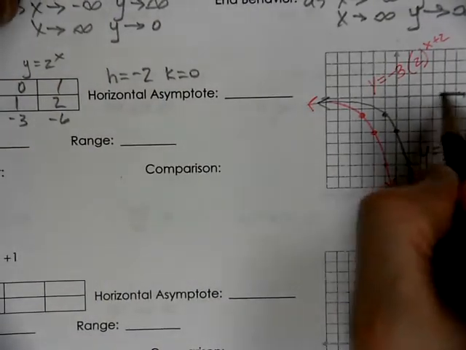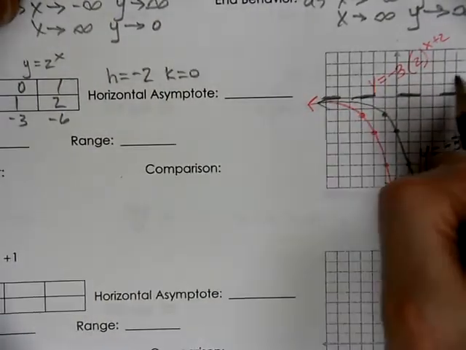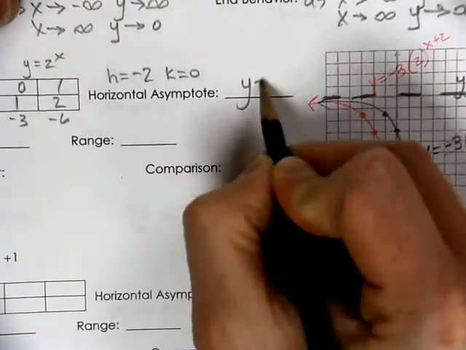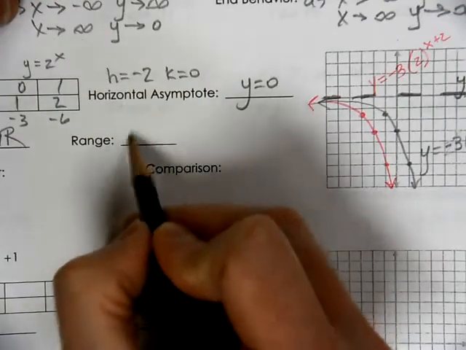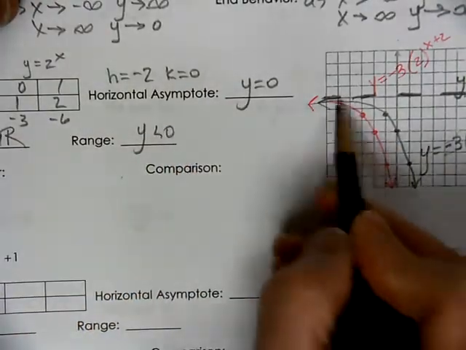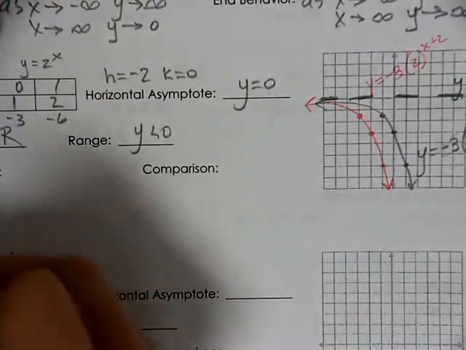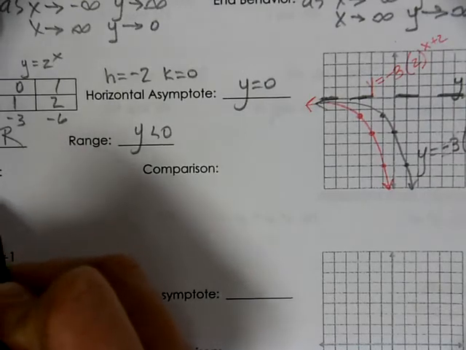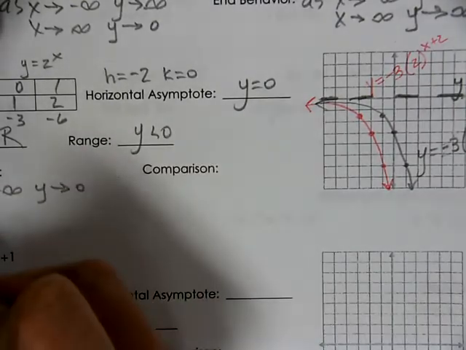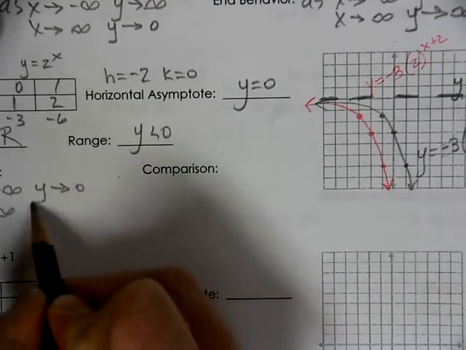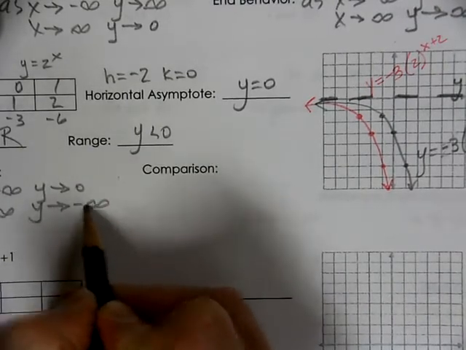We would have a horizontal asymptote still at 0. Our domain is all real numbers. Our range is less than 0 because it's down. Our end behavior, as we look to the left, the graph is approaching 0, and as we look to the right, the graph is going downwards.